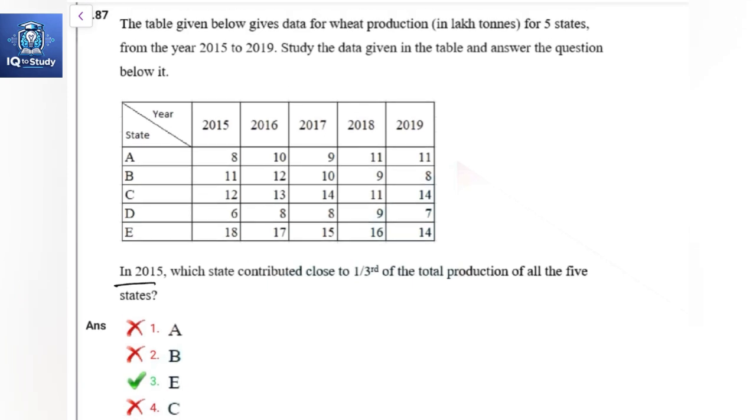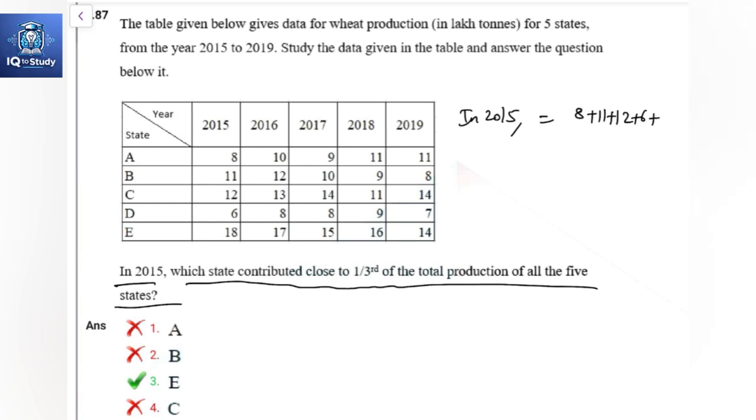In 2015, which state contributed close to 1/3 of the total production of all 5 states? Production of all states in 2015 is equal to 8 plus 11 plus 12 plus 6 plus 18, which is equal to 55. Now, which state contributed close to 1/3 of total production?